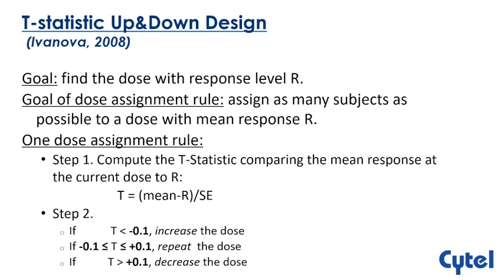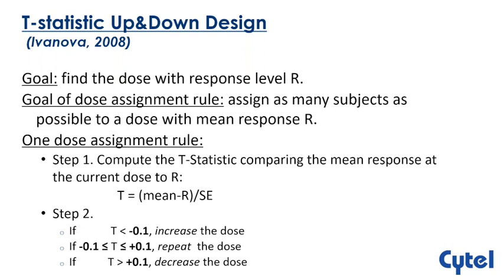Yeah, that's a good question. And I actually worked on this design with Anastasia, and she says the reason we pick 0.1, which is arbitrary, is that the smaller it is, the more chance there is to bounce around. And you want the design to bounce around.